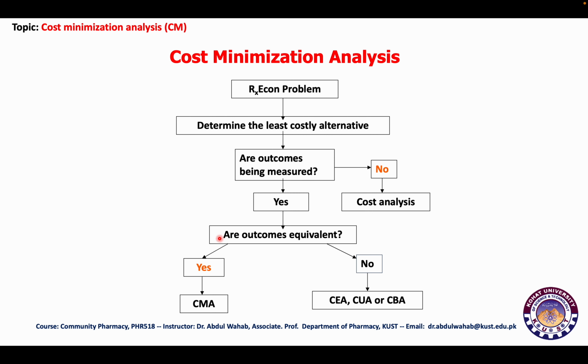If the answer is yes, we should apply cost minimization analysis. But if the answer is no, then cost effectiveness analysis, cost utility analysis, or cost benefit analysis will be applied.